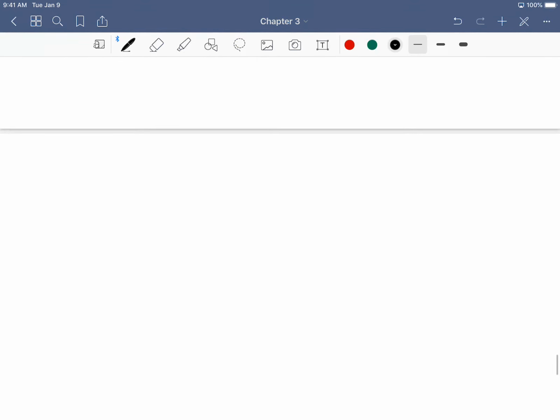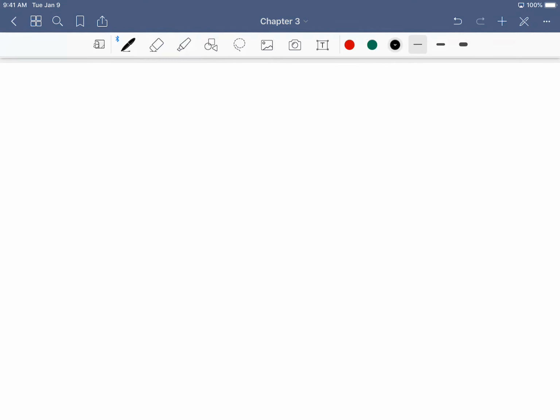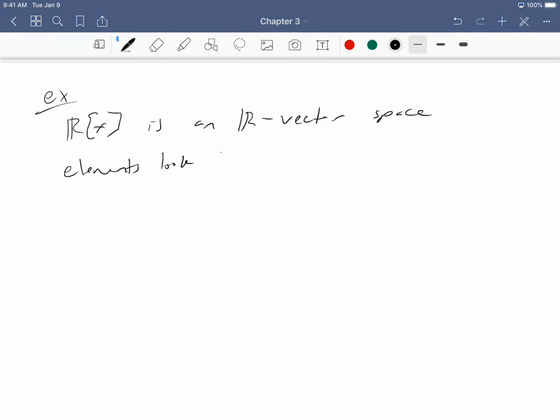All right, let's see some different ones than we've dealt with before. So how about R[x] as an R vector space? So let's talk about what a basis would look like here. So elements, these were the ring of all polynomials with variable x.